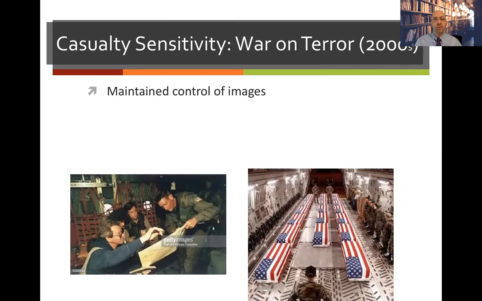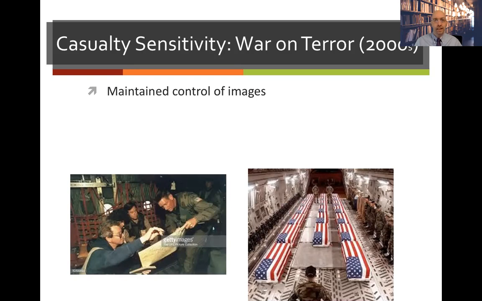One of the strongest barriers or restrictions that the George W. Bush administration had on war photography at the time was controlling images of the return of US war dead, US casualties. Flag-draped coffins flown back from the war zones to the United States became a subject of controversy.